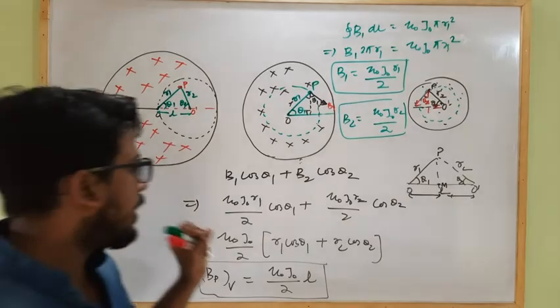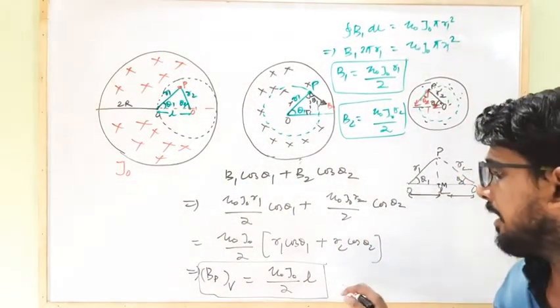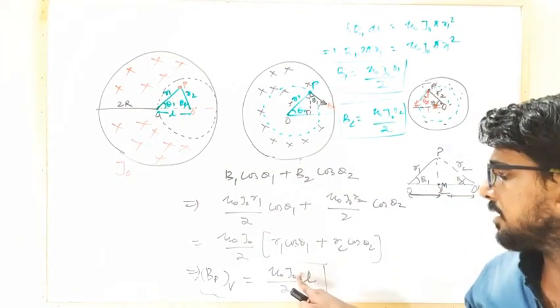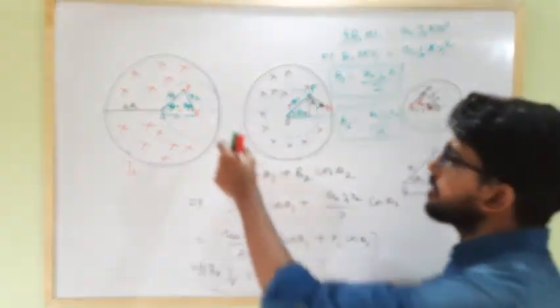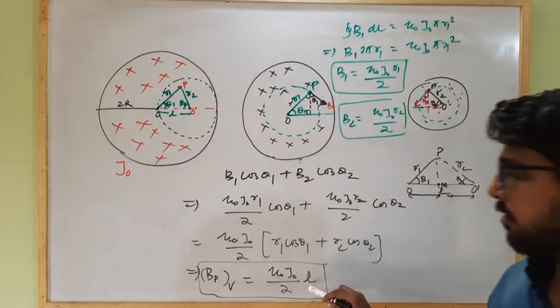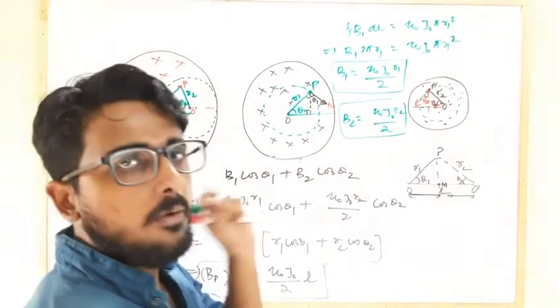Clear? So when the point of observation is inside the cavity, the magnetic field strength is uniform, because mu naught is constant, J naught is constant, and L, the separation between the center of the cavity and the center of the current carrying conductor, is also constant. So within the cavity we have a magnetic field which is uniform in nature.